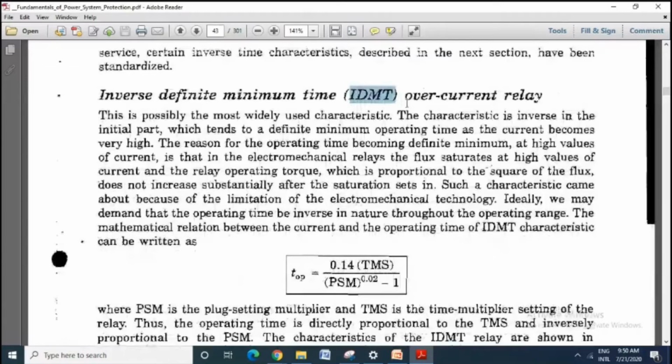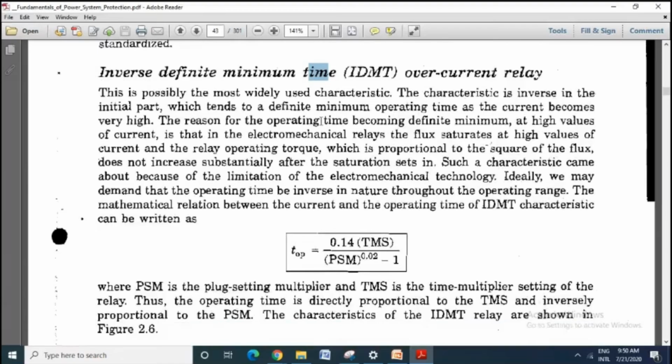The full form of IDMT is nothing but the inverse definite minimum time over current relay. Now, what does inverse definite minimum time mean? These terminologies are different. Let's try and understand.